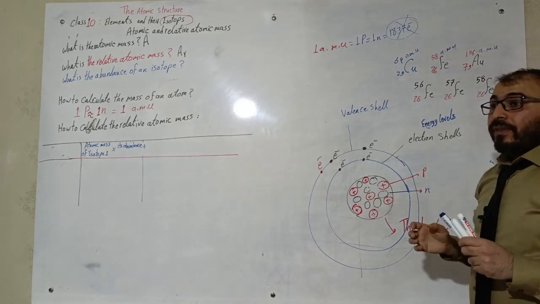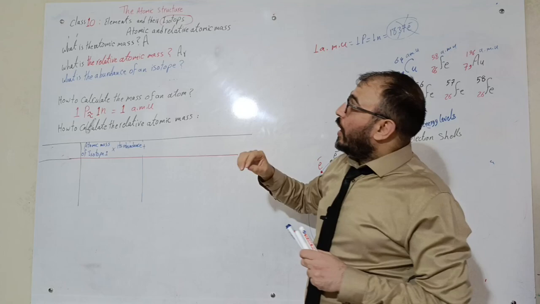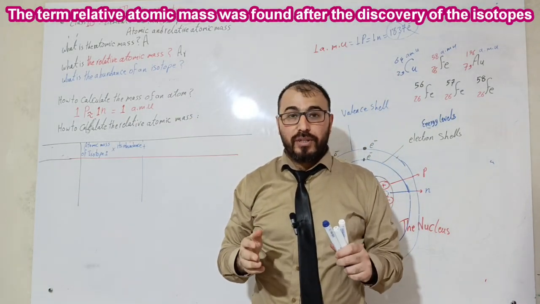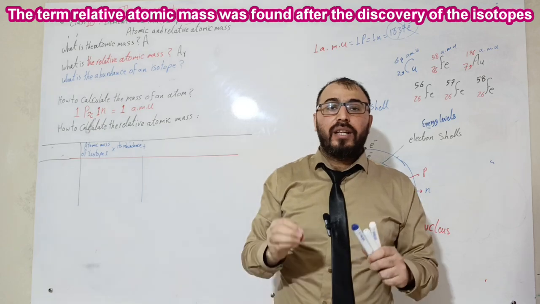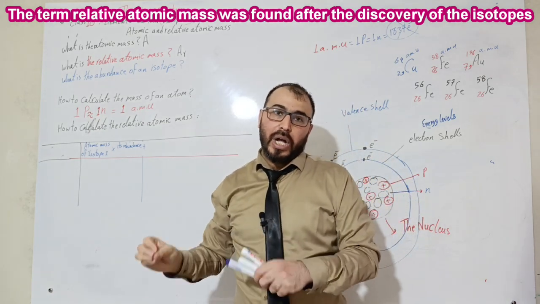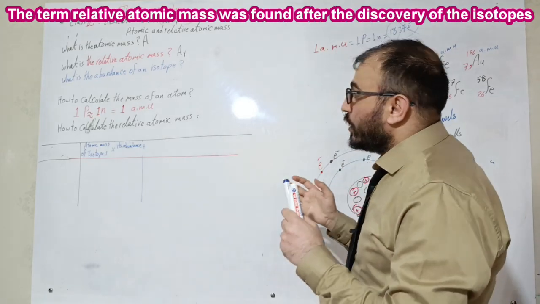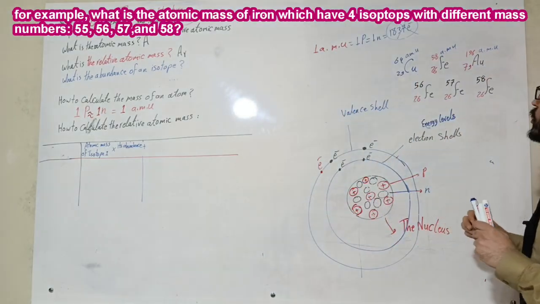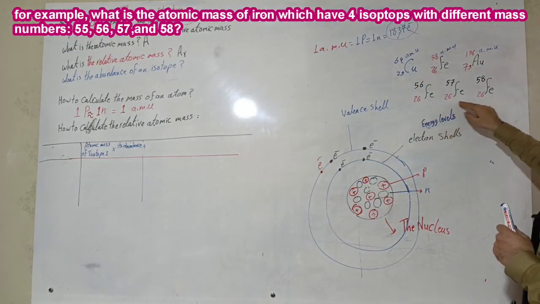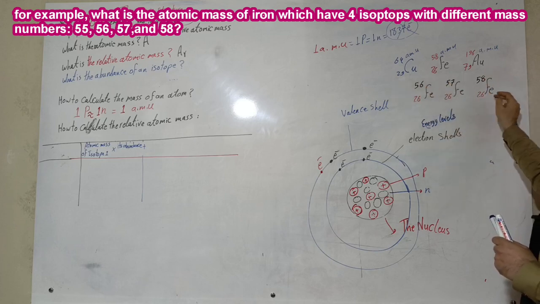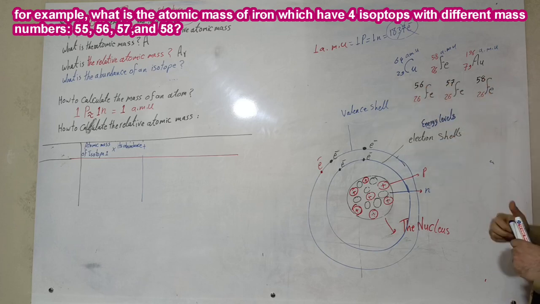Now, my friends, the questions of our class today emerged because of a problem which is called isotopes. After the discovery of isotopes, we had this problem. Those are all atoms of the same element, which is iron.